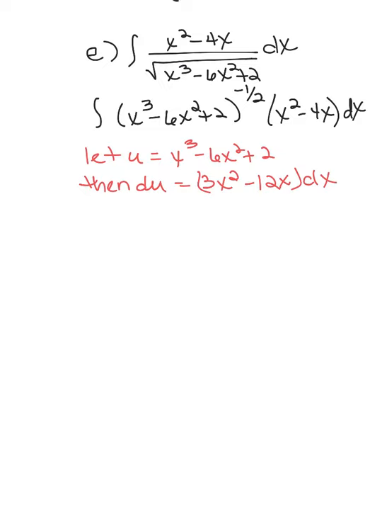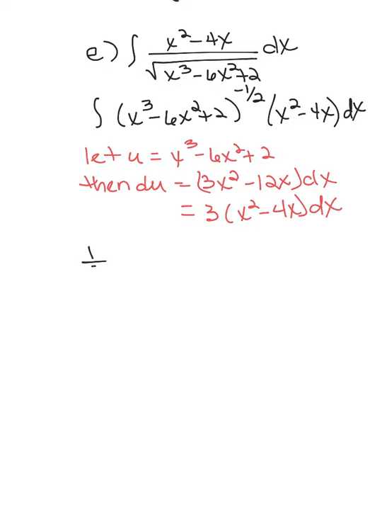But this does not look like what we have up above. However, notice there's a 3 in common in both of those terms. If I factor out a 3, I would have x squared minus 4x. So my quantity would match what I have up above, which means I need to force in a 3 and offset it with a 1/3.